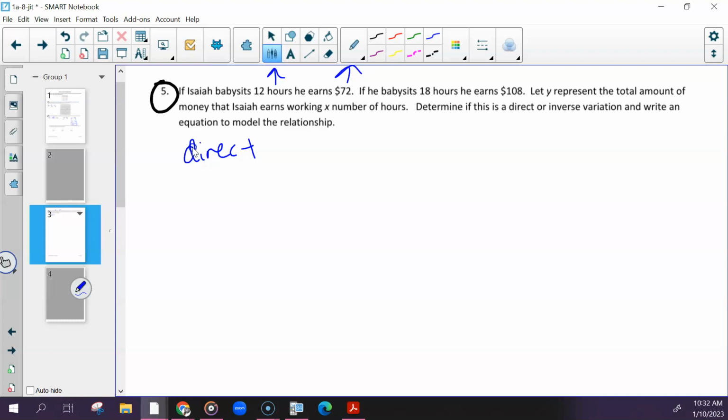And then because it is direct, then we can use the information given to work this out. So find your k value first. Y is the total amount of money. X is the hours. So you can either do 72 over 12 or 108 over 18. Doesn't matter, you should get the same thing. Divide that. Someone tell me what that would be.